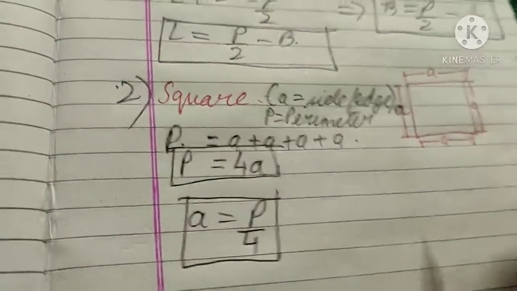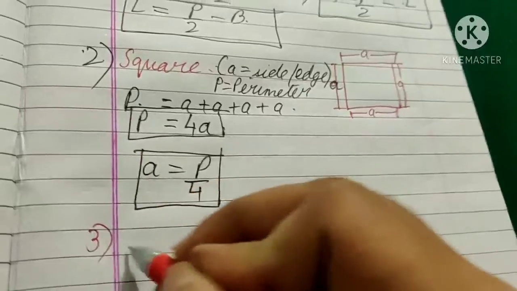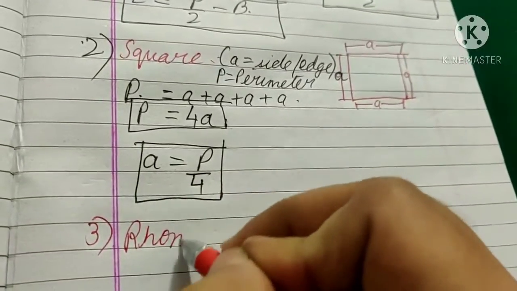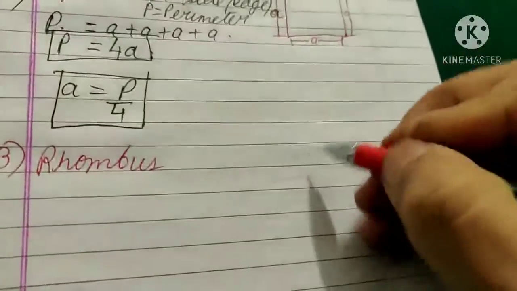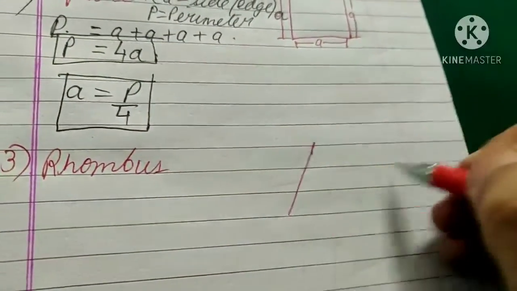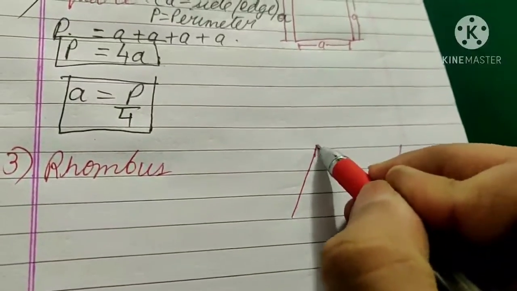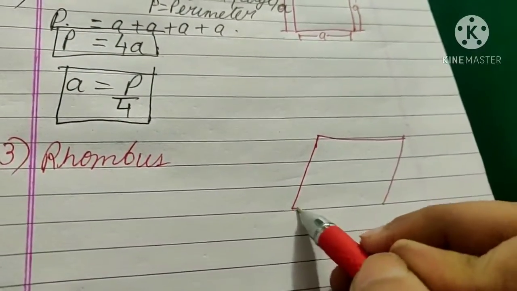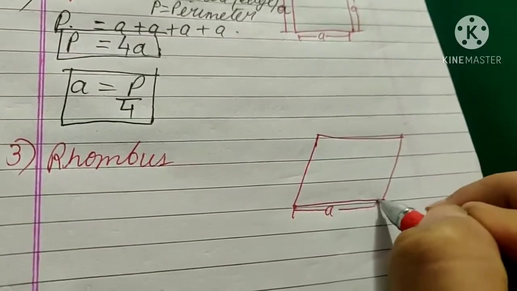Our next figure, the third figure, is the rhombus. A rhombus is a type of tilted square. It also has all the sides equal.